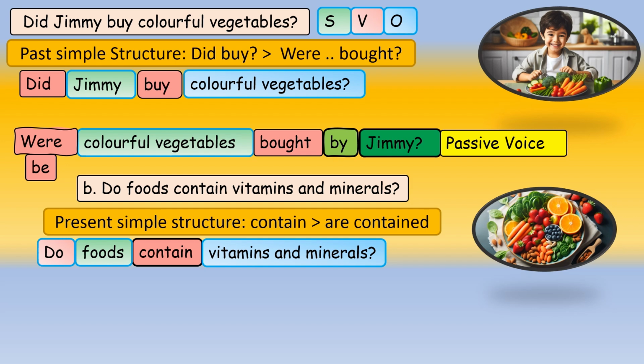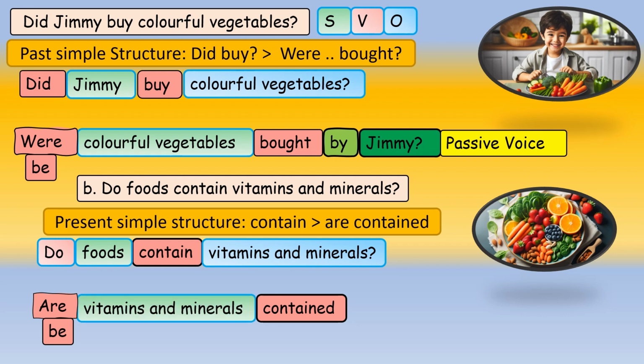So foods is our subject, contain is our verb, vitamins and minerals will be our object. So now let's work our way through our sentences here. Are contained will be our grammatical structure for the verb. Are, the correct form of the verb be.